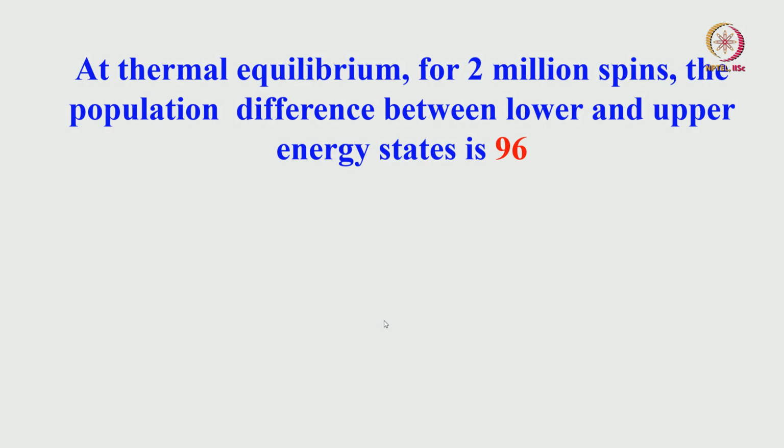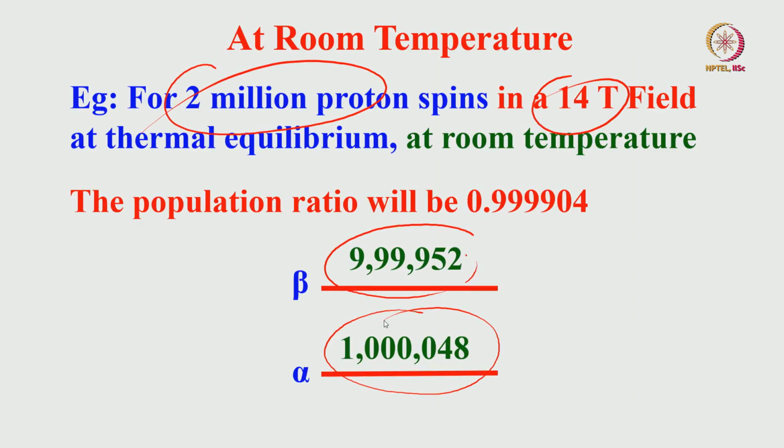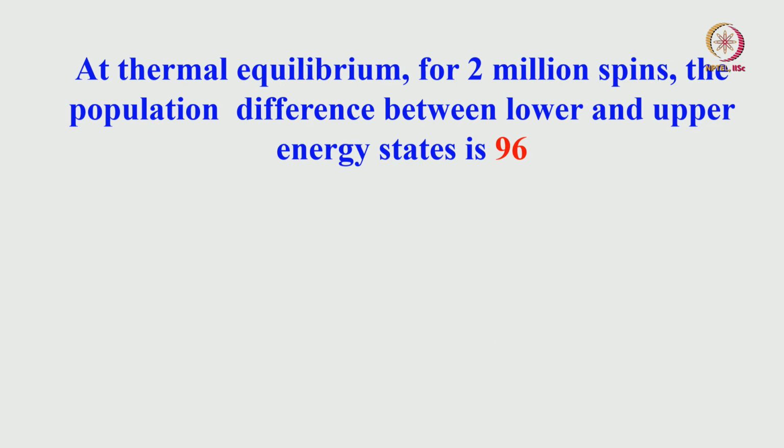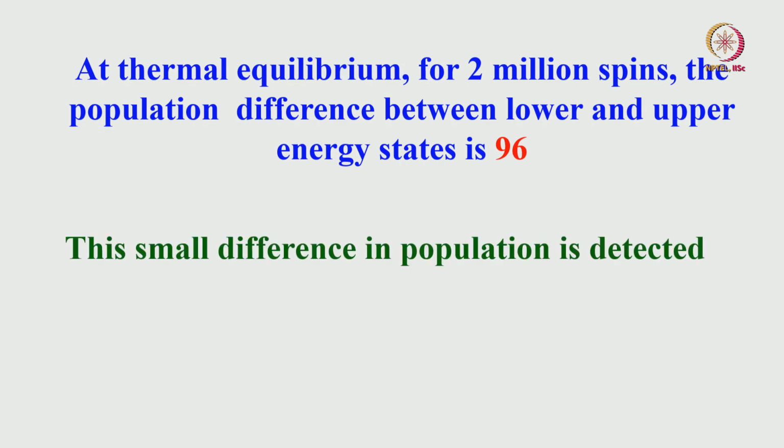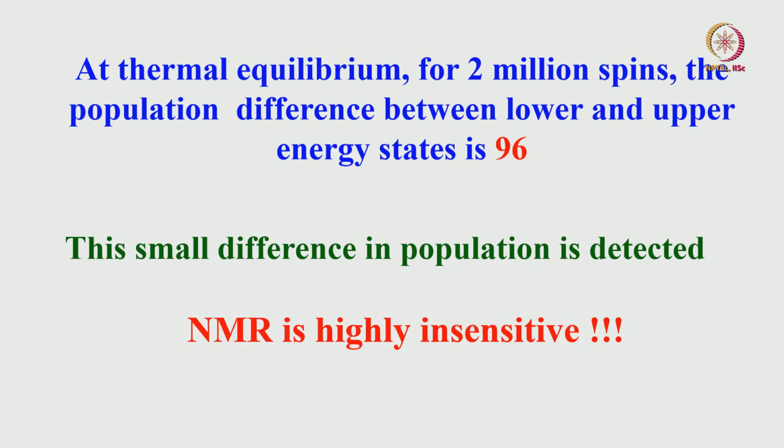That means at room temperature, the population difference is 96 among 2 million nuclear spins. It is extremely small, almost negligible. That shows the difference in spin population that has to be detected is very, very small. That is why NMR is a highly insensitive technique.